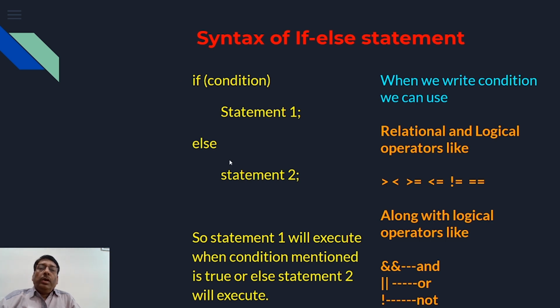You can also call it a decision making statement. Whenever you write programs in C++, there is every chance that there may be a need to make a decision in a program.